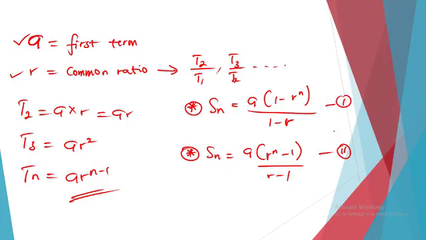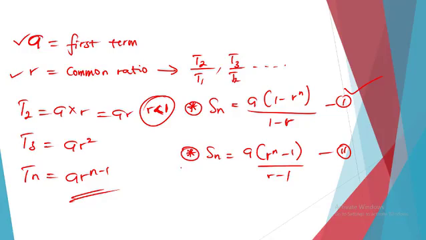Formula 1 is more convenient to use when solving a problem whose r is less than 1. When our common ratio is less than 1, it's preferable and more convenient to use the first formula.